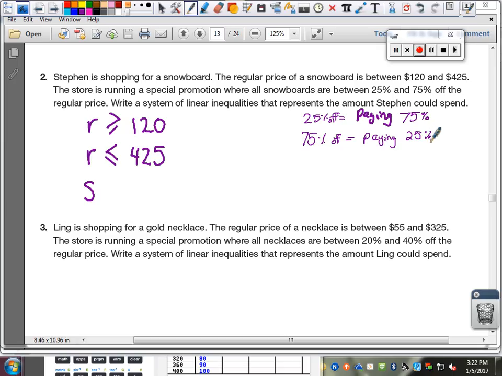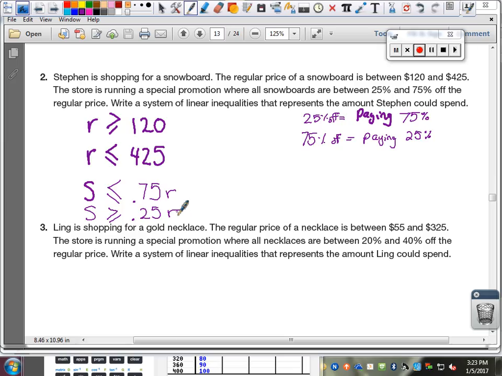Okay, so the sale price is less than or equal to 0.75 of the regular price, and the sale price is greater than or equal to 0.25 of the regular price.